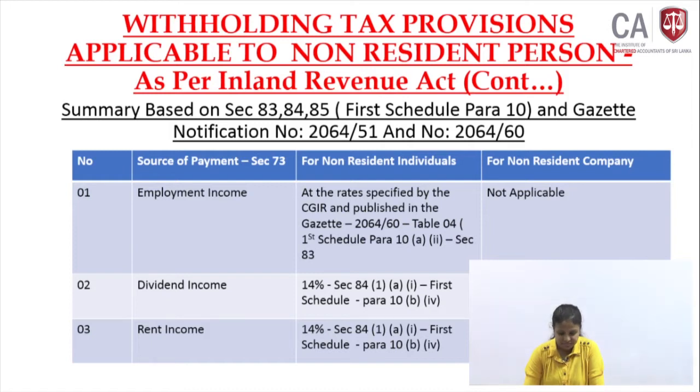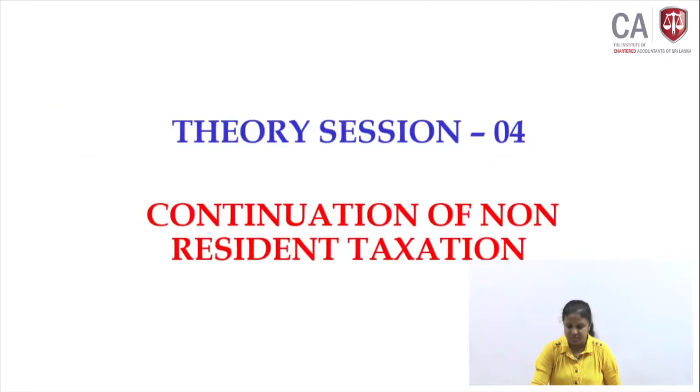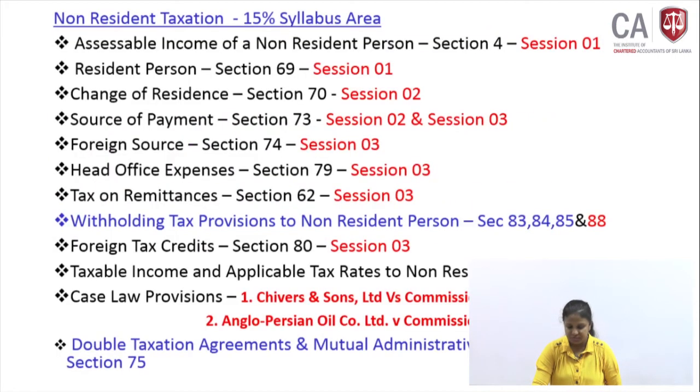Okay, in that the first one is employment income. If it is for a non-resident individual, what is the tax implication? Now you all know what the sources of payment are with reference to a non-resident person, but you don't have the understanding of how it will be taxed. Now we are going to gather that knowledge.